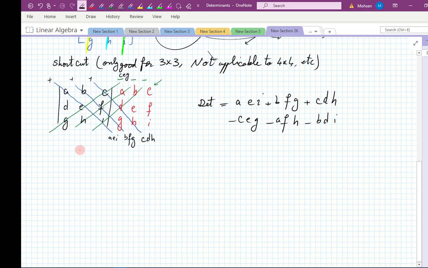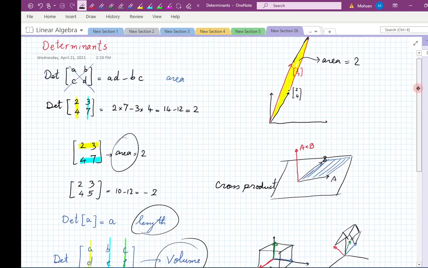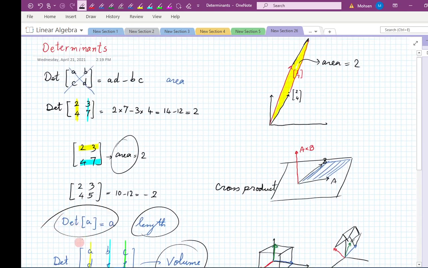Here's an indication of what we are facing. So suppose the size of the matrix I'm dealing with is 1 by 1. Well, what's the determinant of that? It just has 1 term in it.